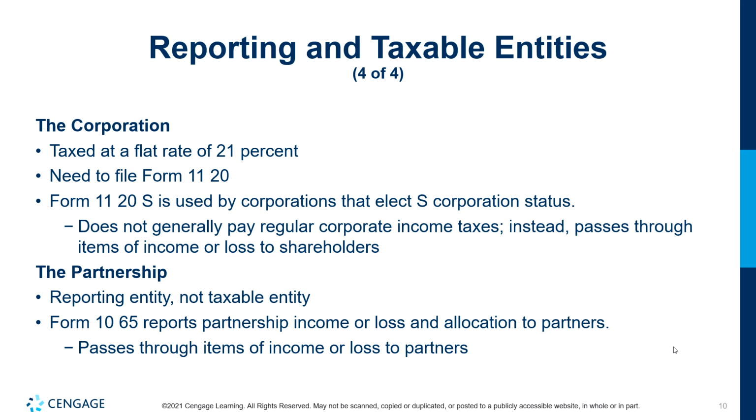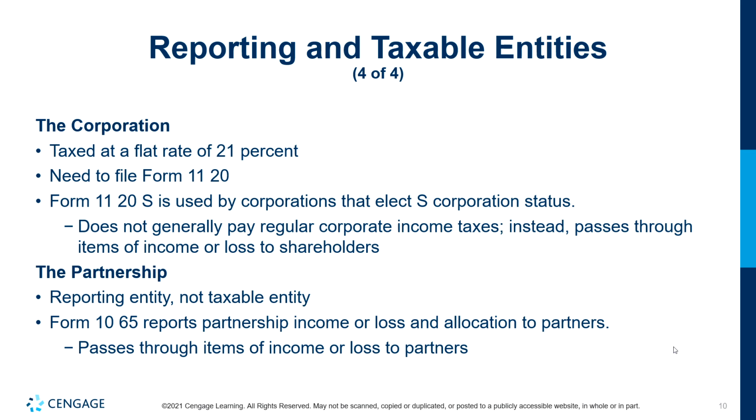But we have to make sure we get that distinction. So again, Form 1120 is a corporation's tax return that they file and pay tax on. But if it's an S Corp, it's 1120S, and these issue out those K1s that individual shareholders will report their portion of that income. Partnerships typically are the same way.